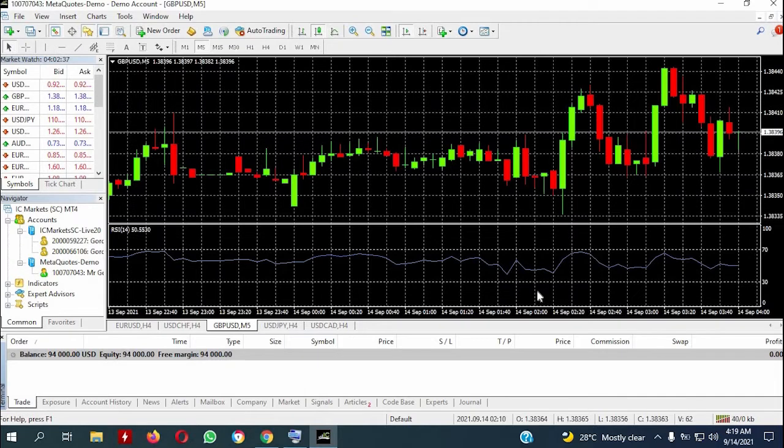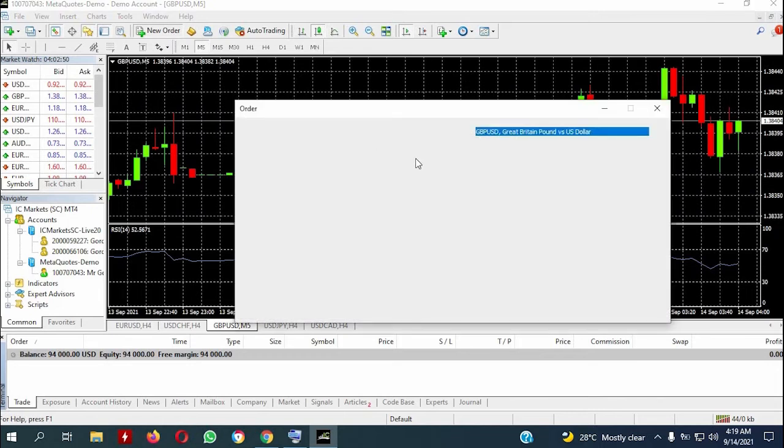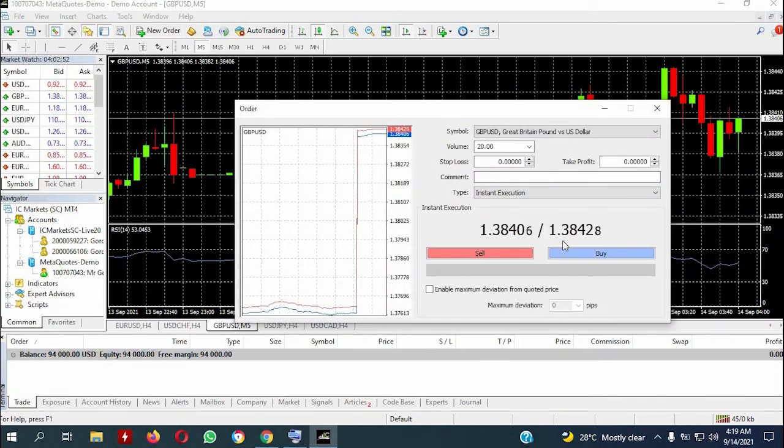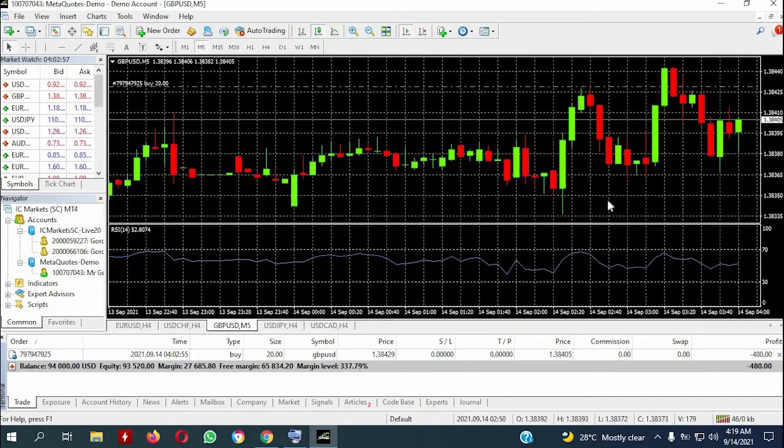So let me go to my trading account. I'm on a demo account. So I have my confirmation, which is the bull candle. So I go ahead and I place a buy order. I'm using a $20 lot size. So the market came into that area right there.